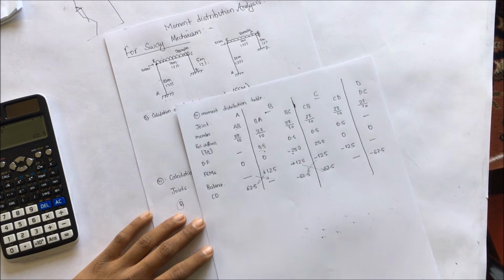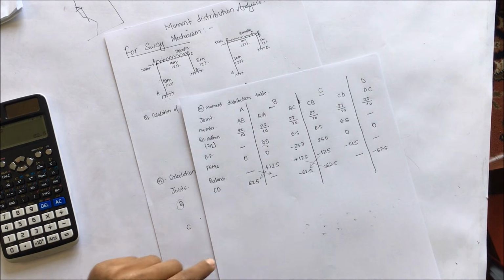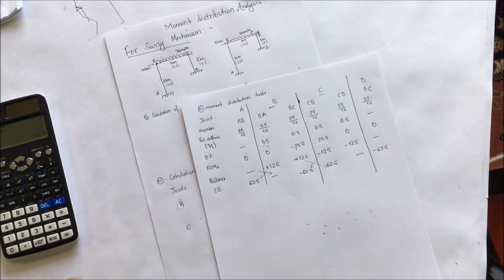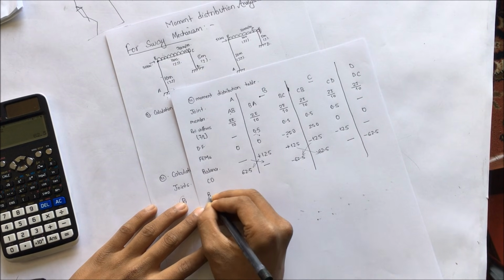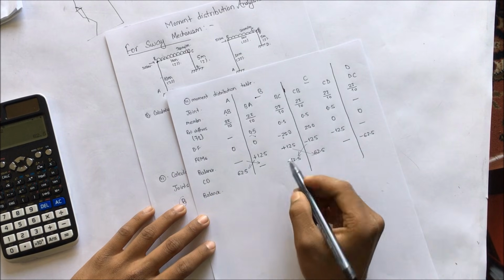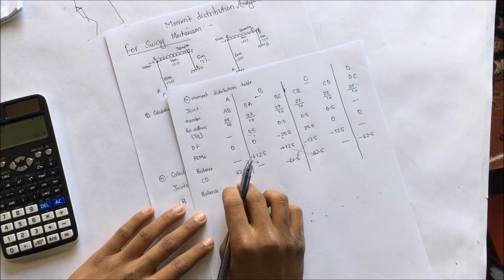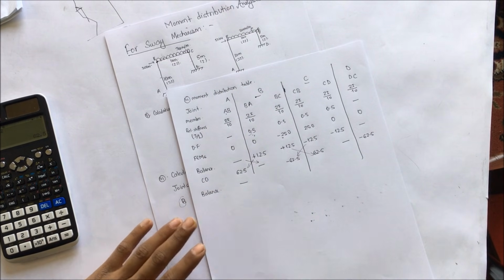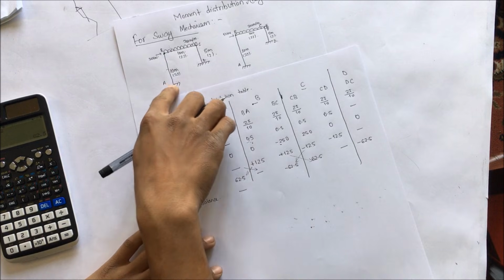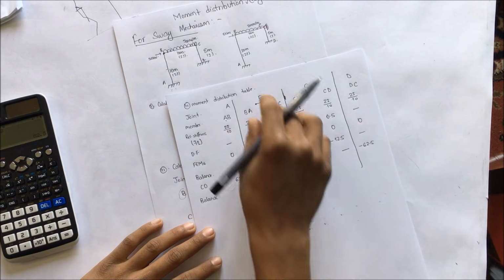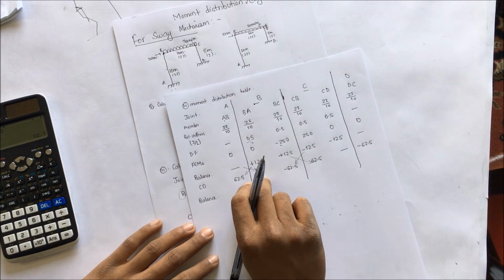Any queries up to here? No. Now the same process will be repeated until a very small decimal error is obtained. So again start with balance. Now which load has to be balanced? This load has to be balanced, and I have already said at point A this is a fixed end support, so it cannot be balanced because we don't know how much moment is yielded at that point A. And the moment at point B now is minus 62.5 plus dash, that is 0.